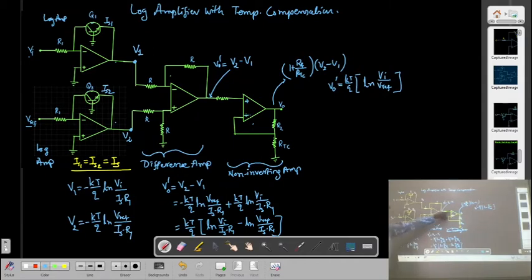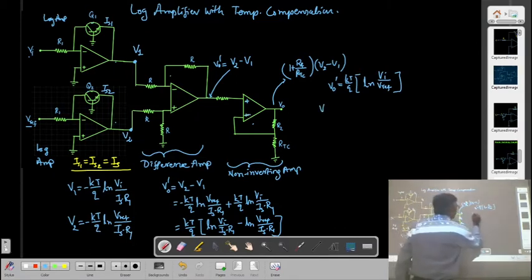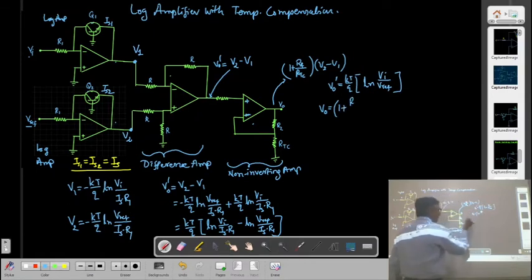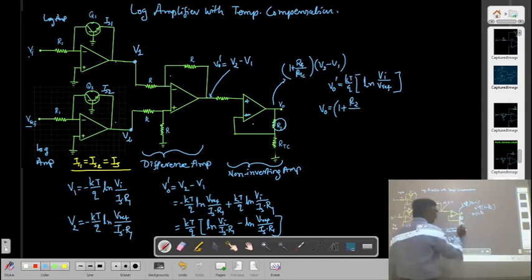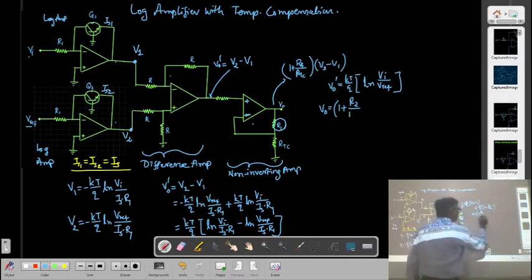So the output voltage is given to a non-inverting terminal, and for the non-inverting amplifier the output voltage is written as 1 plus Rf by R1, where Rf is my R2, so that is R2, and here instead of R1 we have RTC into VO dash.